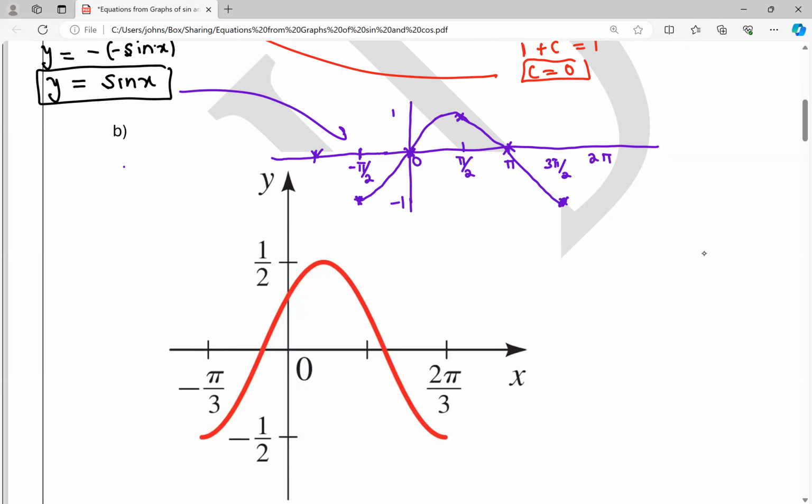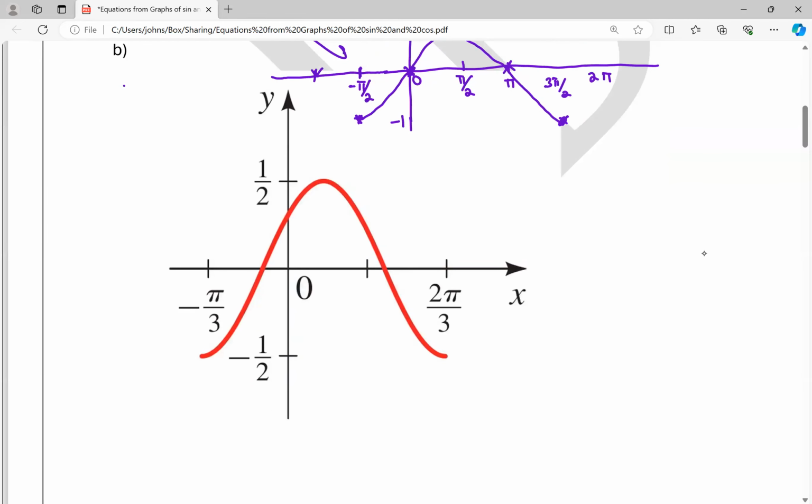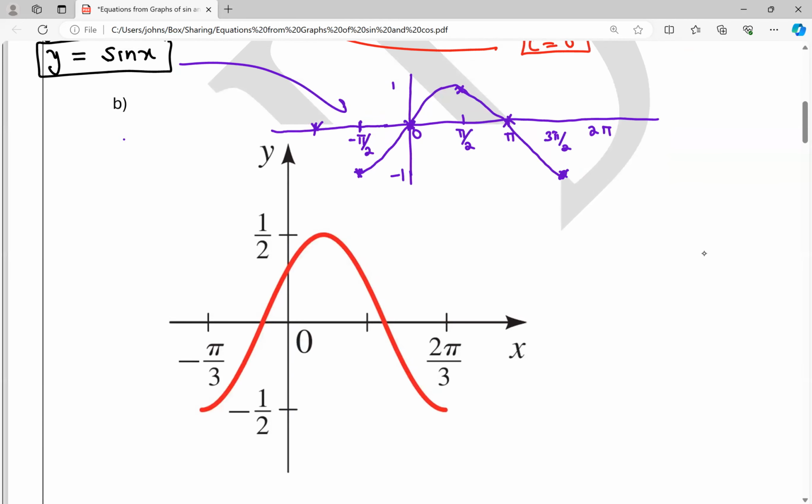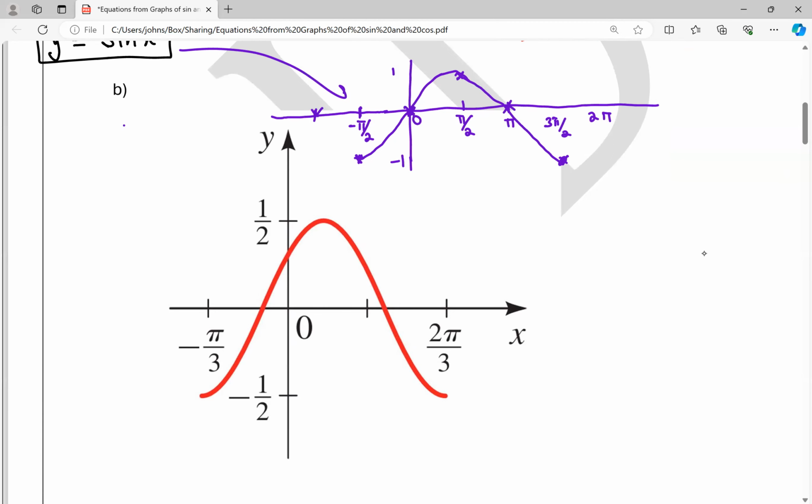Now, let's go to the next one. So for the next one, this is dealing with another one. So we're still going to start. If this is similar to what we just did, we will follow the same procedure. So we start with the amplitude, which is capital M minus small m divided by 2.